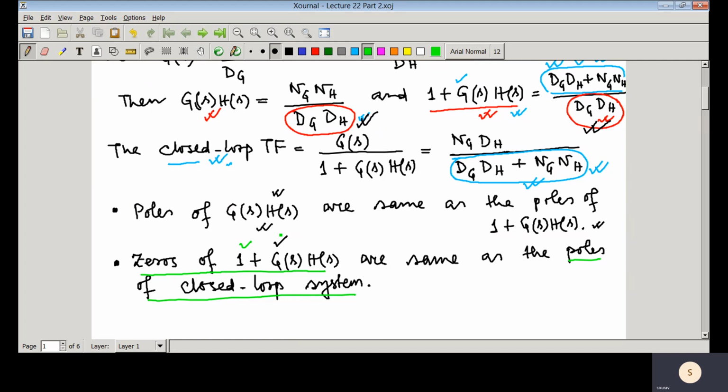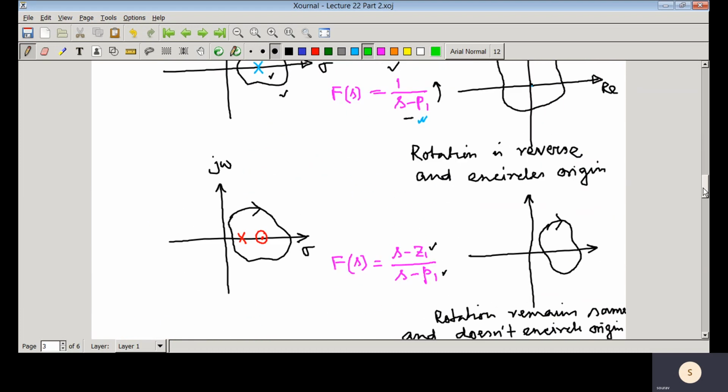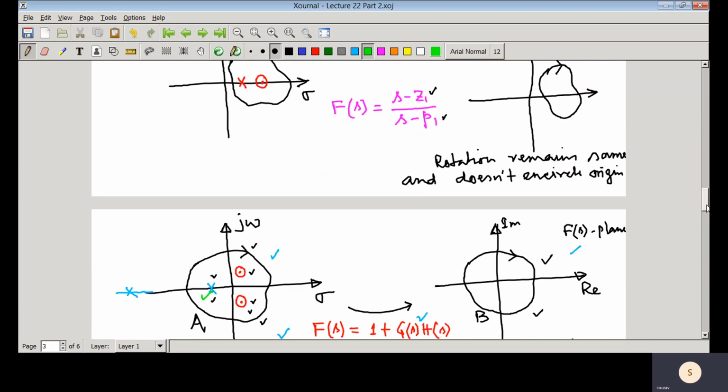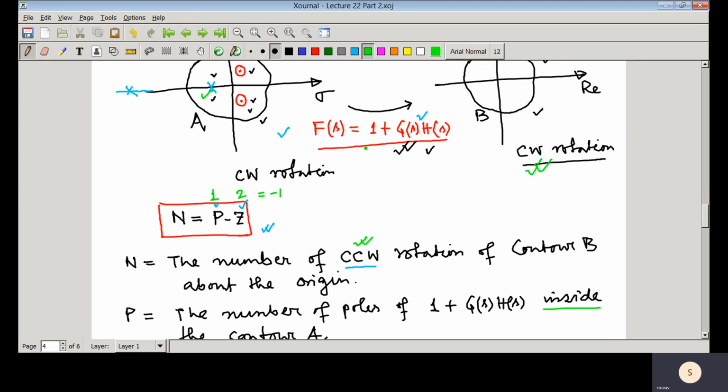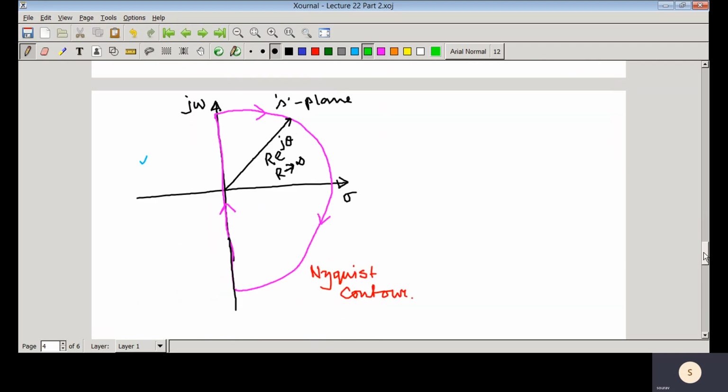But if it does not encircle any zeros of 1 plus g of s h of s, that means the system would be stable. From the principle of argument, we have understood that whenever a contour is mapped via one function, that is 1 plus g of s h of s, the condition n equal to p minus z holds.